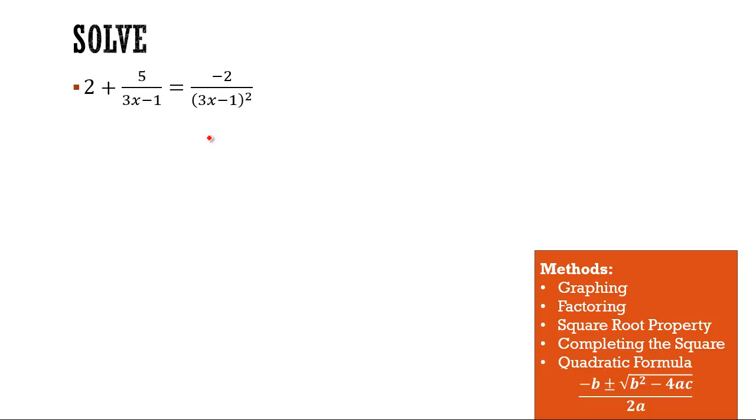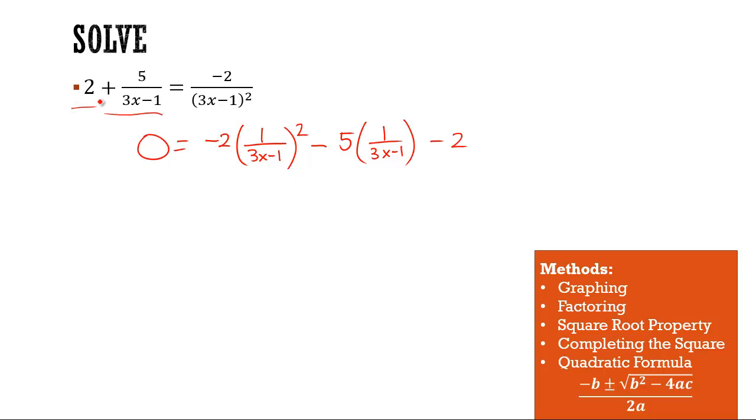So I'm going to rewrite it like this. Negative 2 times (1 over 3x minus 1) squared. I'm going to bring this term over, will be minus 5 times (1 over 3x minus 1), and then negative 2 equals 0, because we brought these two over.